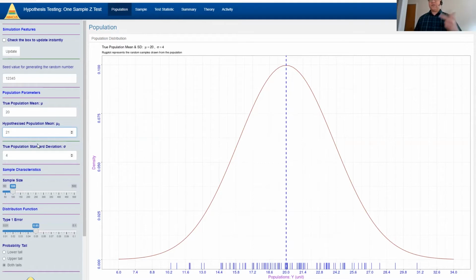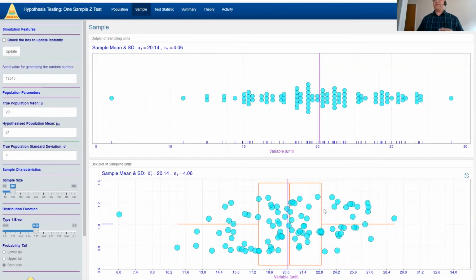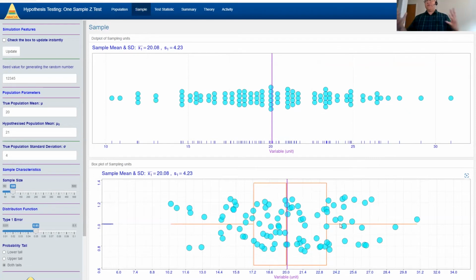Step 3, if you remember, is setting the type 1 error. I set it as 0.05, but you can change it to 0.01 or 0.1 or whatever you think. Step 4 is I collect data. I have considered that I'll collect 100 samples, so these are 100 individuals from my population. Before going to step 5, I do our exploratory data analysis.